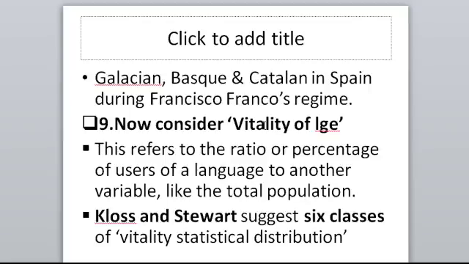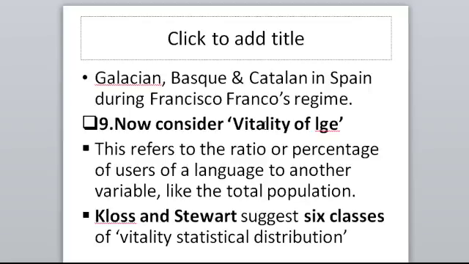That is, how many language users are there vis-a-vis the total population. The greater the number of users, the higher the vitality. The lower the number of the users of the language, the lower the vitality.